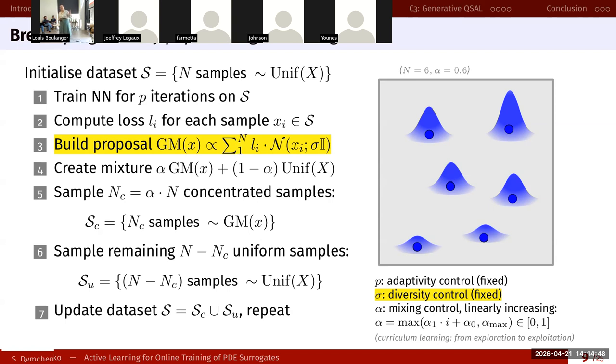Here we have a hyperparameter sigma, the width of the Gaussian kernel, which controls the diversity, so how much the next round of data is different from the previous one or more concentrated.